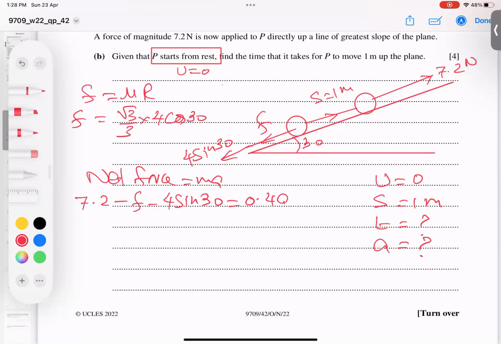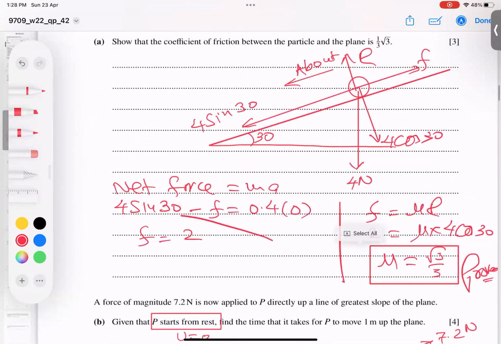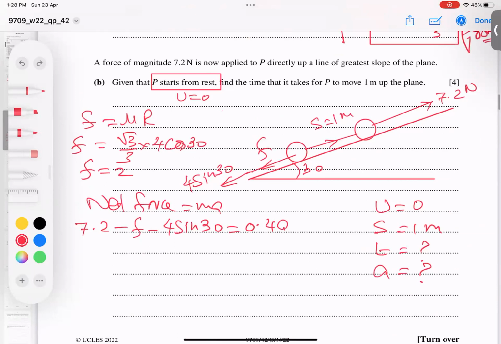So if I type in the calculator, root 3 divided by 3 times 4 times cos 30, it is giving me friction force 2. Although there is no need to find it because we already found it here, I just want to show you that it comes the same. Why the same? Because mass is not changing, mu is not changing, so this is the same.